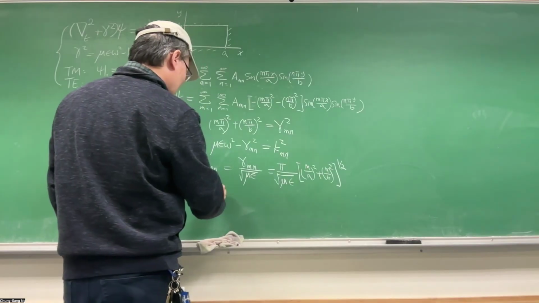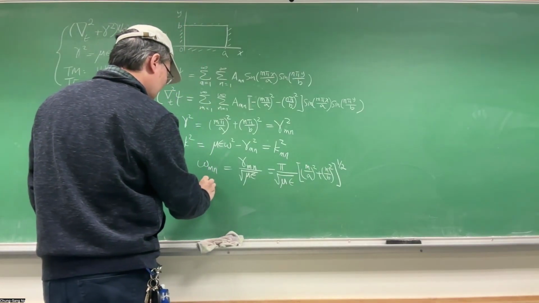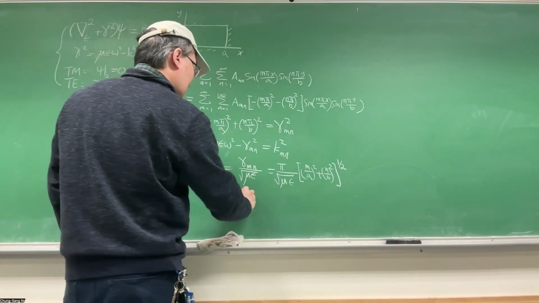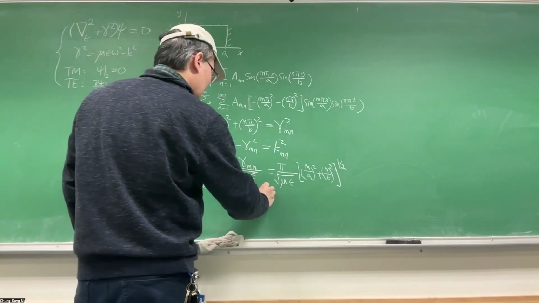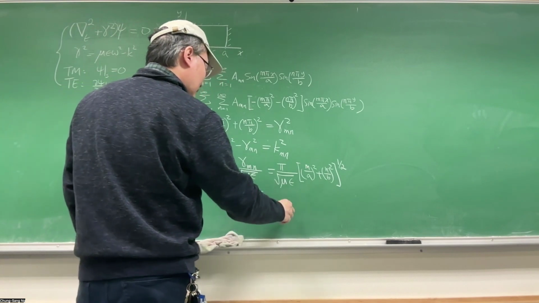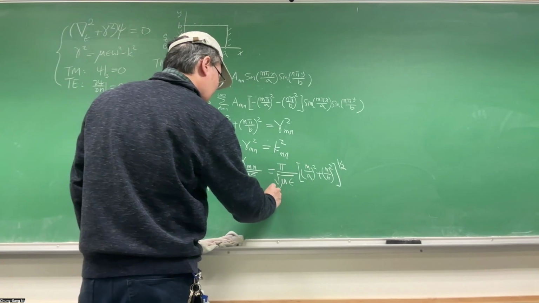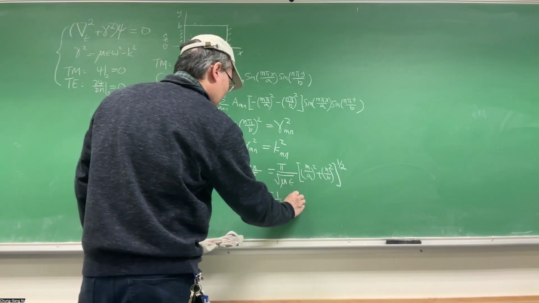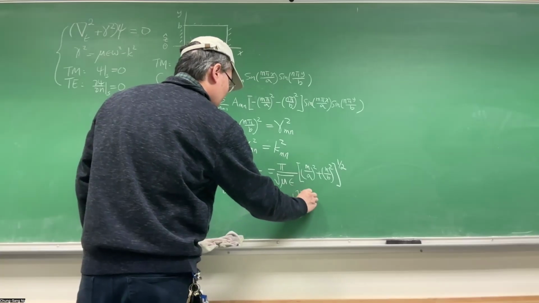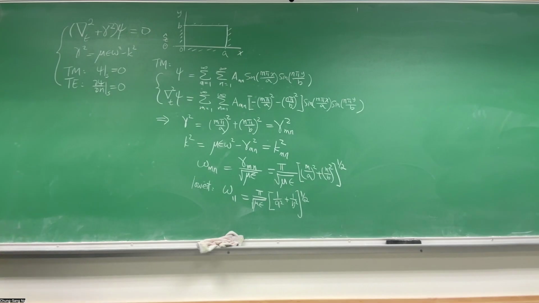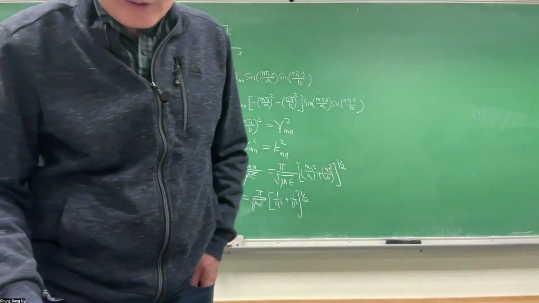So this lowest cutoff is omega 1,1. It's basically setting m and n equal to 1, so that becomes the square root of 1 over a squared plus 1 over b squared. Okay, so that, and then you can figure out all the other modes.